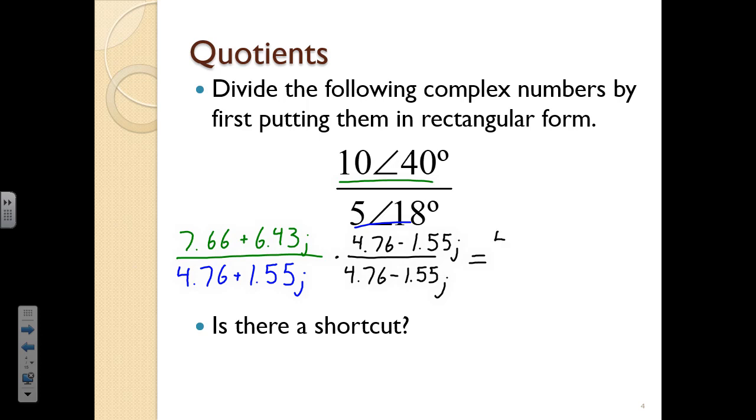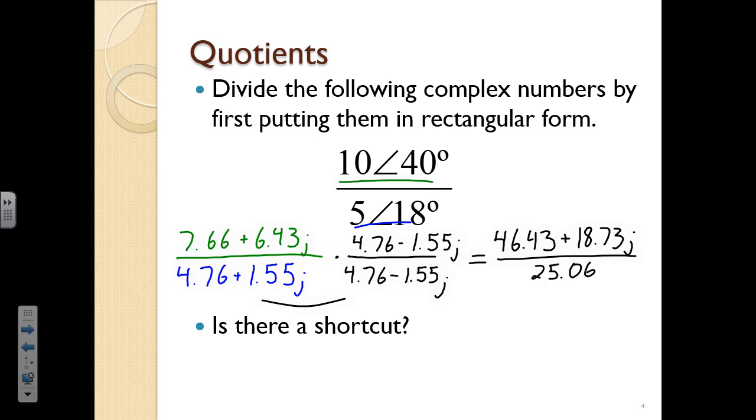Now when you do that, and I'll trust that you could multiply all that out, you should get a result of 46.43 plus 18.73j on the top. And on the bottom, as is true anytime you multiply conjugates together, you end up with a purely real number that is 25.06.